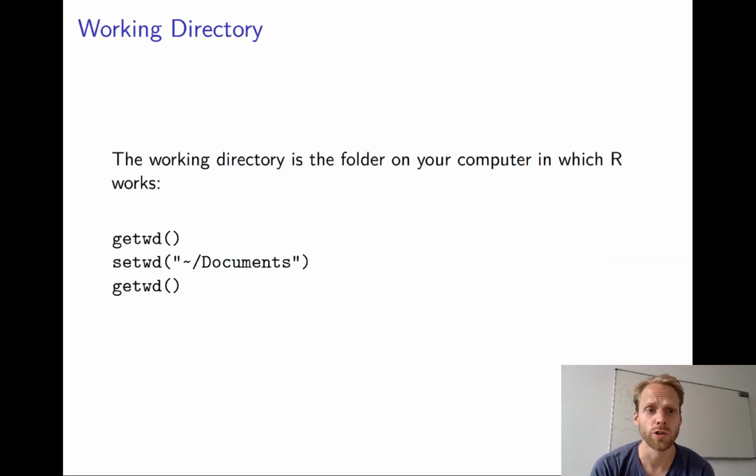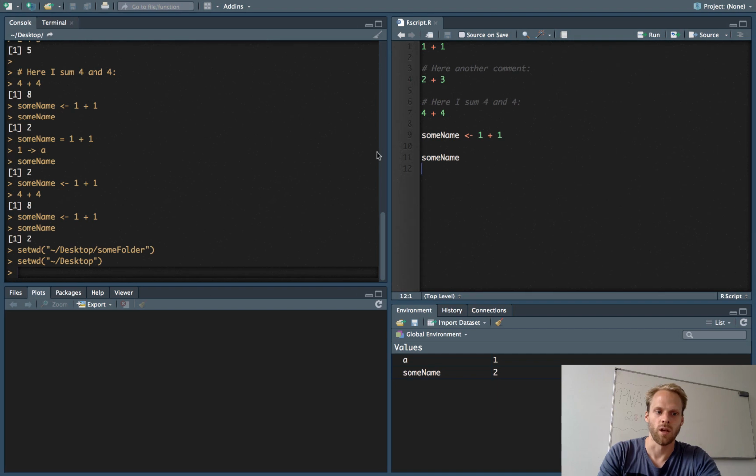Now, R makes use of something called a working directory to know where you are working and where to look for files that you might want to read, such as your data files. If you go to R, you can see your current working directory here. ~/desktop/ in my case, because I just set it that way, using the setwd function, which stands for set working directory.